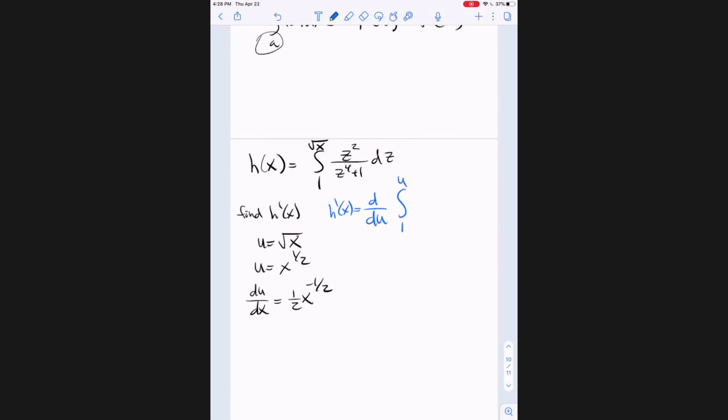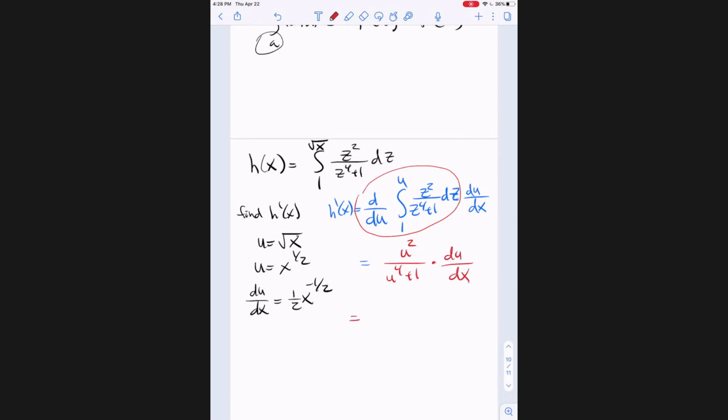So it's going to be 1 to u. And then we're going to take the derivative of u with respect to x. So this whole piece right here, you just plug in u in for z. So you got u squared over u to the 4th plus 1 times du over dx.